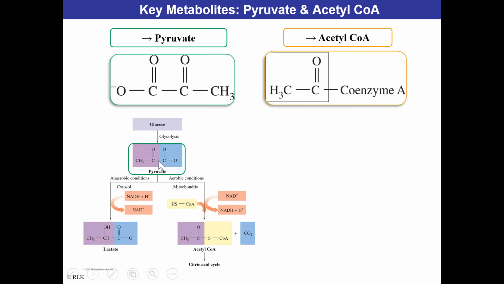Remember, for every 1 glucose molecule, you're getting 2 of the pyruvate molecules. We're not showing you 2 pyruvate molecules here, we're just showing 1. But the point is, you have either an anaerobic condition or an aerobic condition. The cytosol has an anaerobic environment, whereas in the mitochondria, it's an aerobic environment. Okay, and in the cytosol, I want you to think about muscle tissue. If you're thinking about muscle tissue and you're exercising, this is why you get sore, lactate is produced, right?